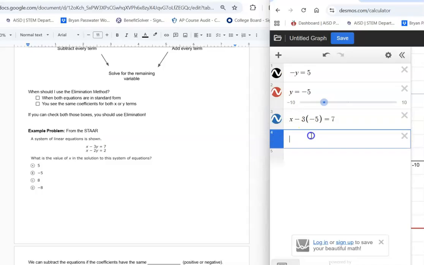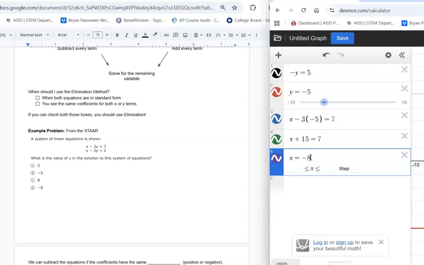Okay, so what does that mean? x plus 15 is 7, and then if you subtract, 7 minus 15 is negative 8, and you notice that's what D says, and that was the answer for what is x.